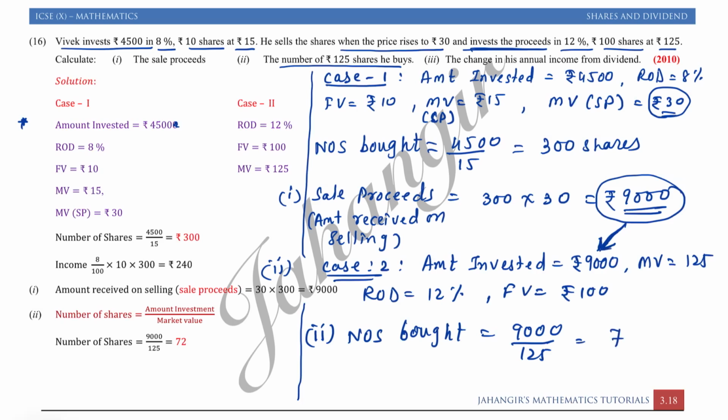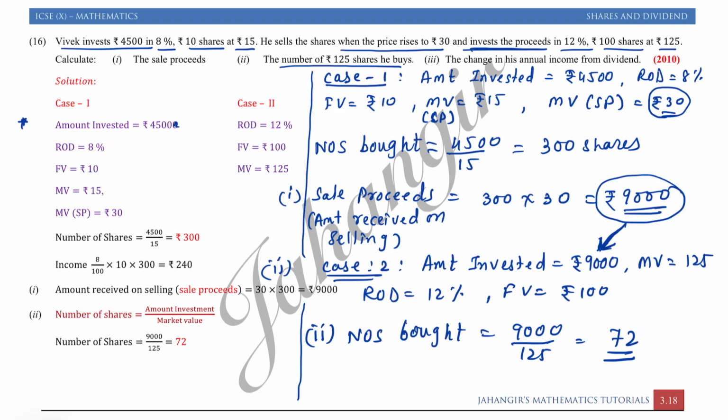So he bought 72 shares. Now what they are asking is the change in his annual income from the dividend. So we have to find the annual income in both cases, first case as well as second case.